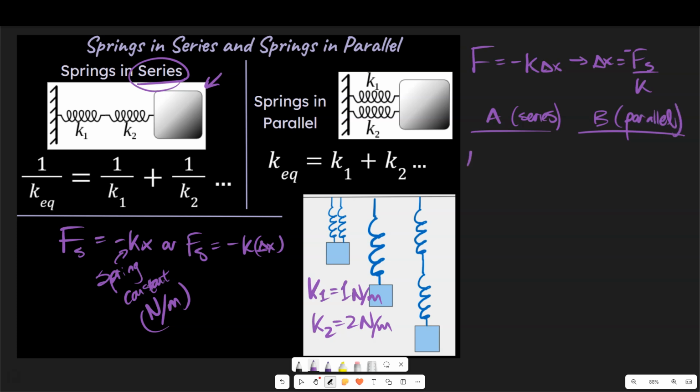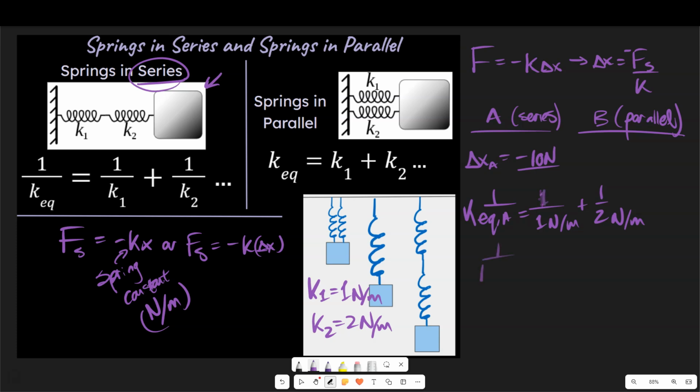So for scenario A, you could say delta x for A. We're going to assume minus 10 newtons for both cases, a force of 10 newtons in the negative direction. So now let's figure out what our equivalent K is going to be. So we could say K equivalent for example A. Let's think about this. Our 1 over K equivalent is equal to 1 over 1 newton per meter plus 1 over 2 newtons per meter.